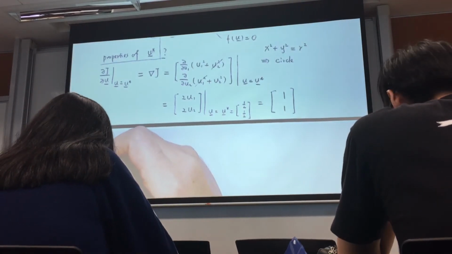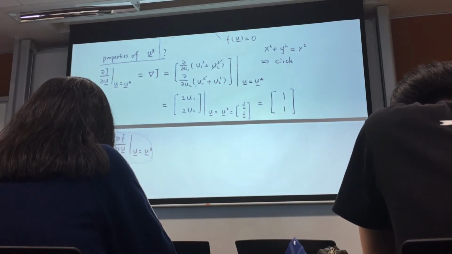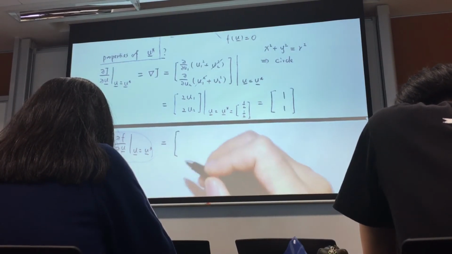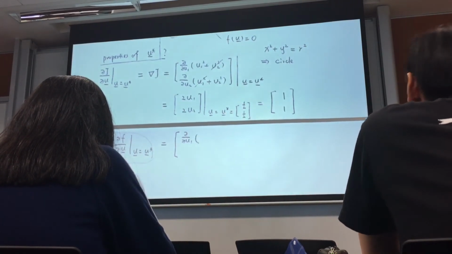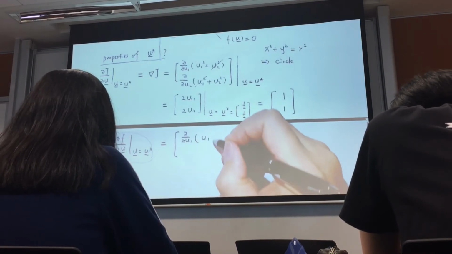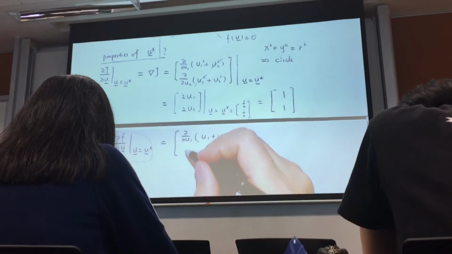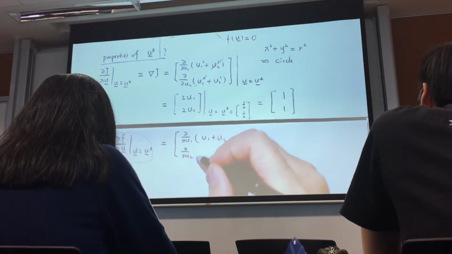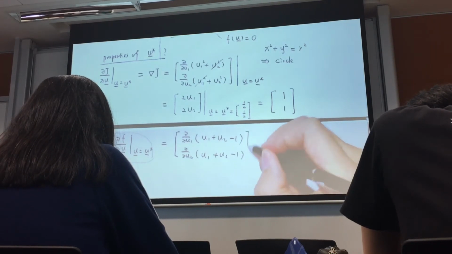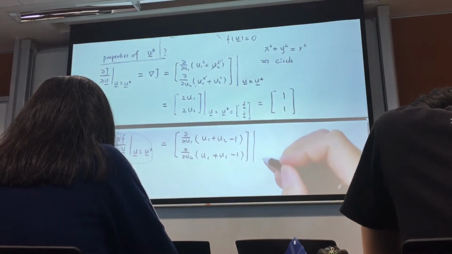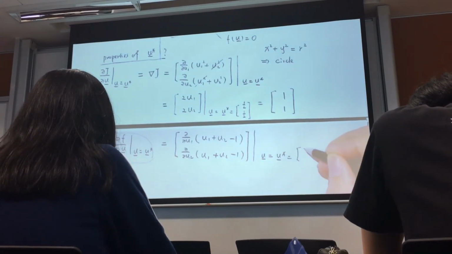So this is the definition for this notation. The first component is the derivative of f equal to u1 plus u2 minus 1, and the second is the derivative with respect to u2, evaluated at u equal to u star equal to a half.